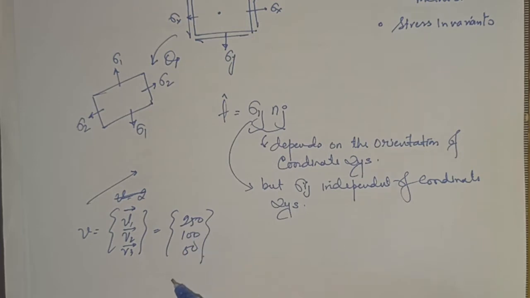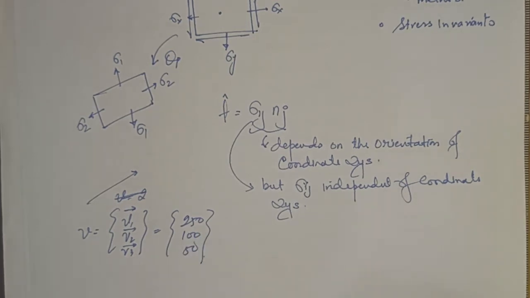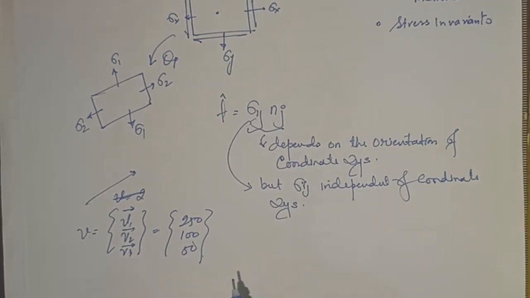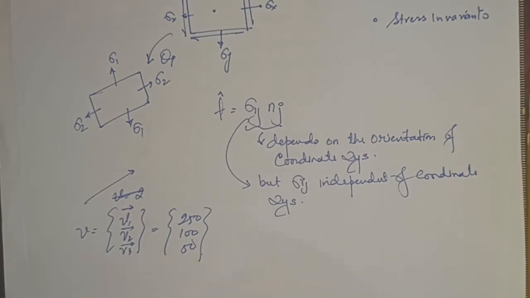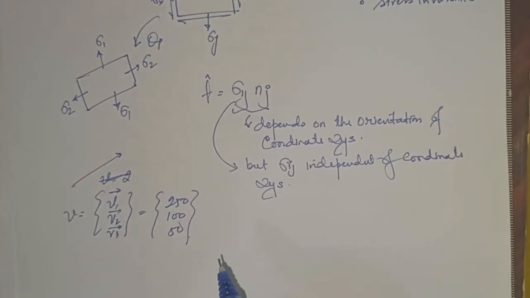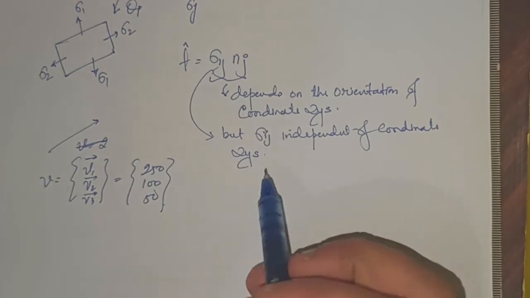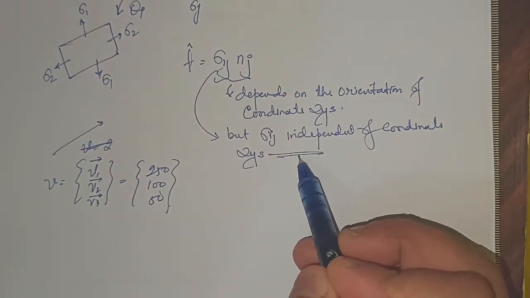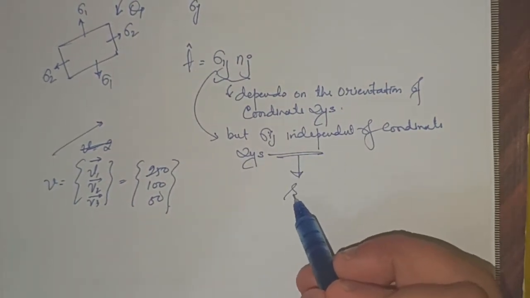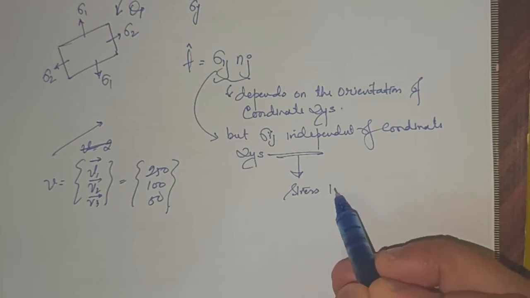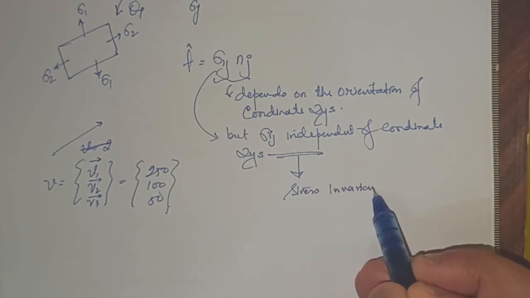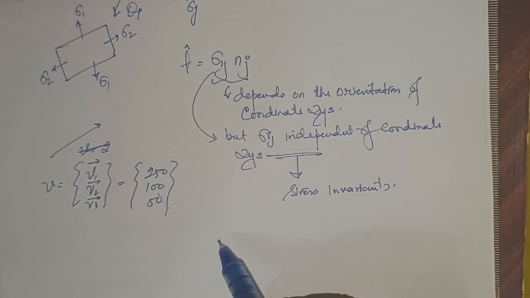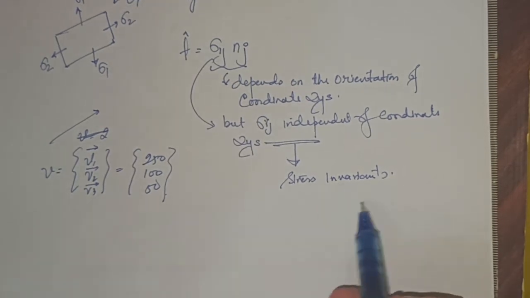But the components or the magnitudes of these vectors are themselves independent of the coordinate system. A particular combination of these components will lead you to the stress invariants. We will be seeing all these things.